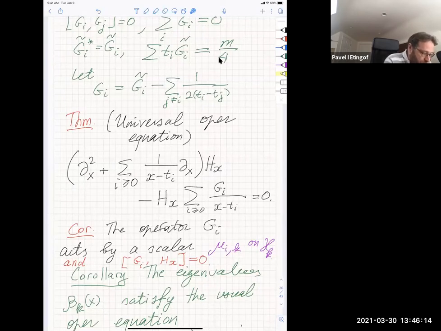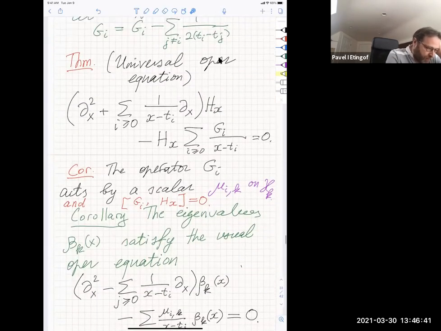And from this, if you have a slightly stronger analytic version of that, you can show that the operator gi acts by a scalar mu ik on the eigenspace hk of our Hecke operators, and as a result, gi commutes with the Hecke operators.